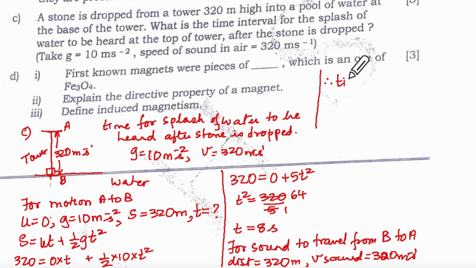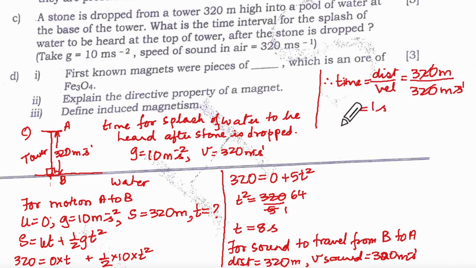Therefore, time will be equal to, now your velocity is distance upon time, so time will be distance upon velocity, correct, which is equal to 320 meter upon 320 meter per second. So 1 second. So time is 1 second.